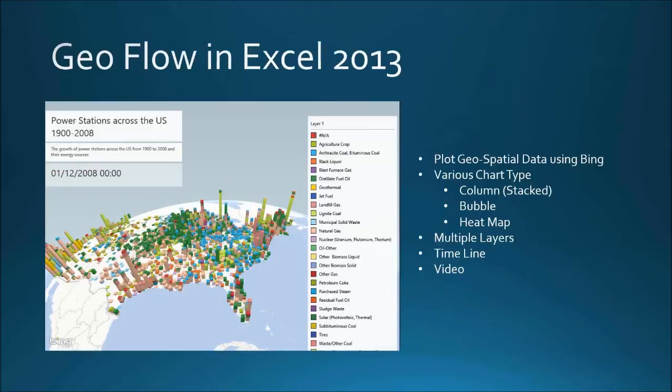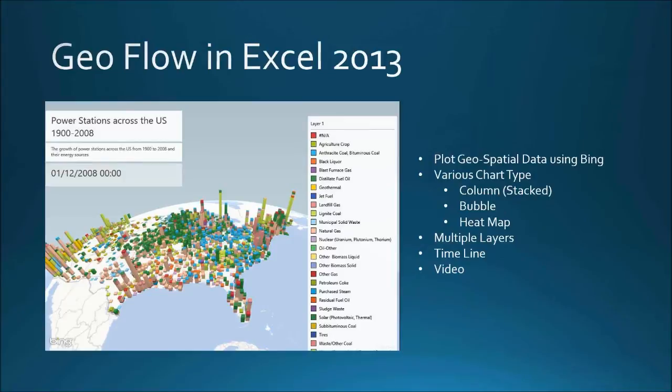A few of the features of GeoFlow: of course, it allows you to plot geospatial data. It utilizes Bing, the Bing mapping engine, to look up addresses and plot them on the map. It's also going to use Bing Maps for the actual physical map, and their 3D version of the maps, which is very interesting.